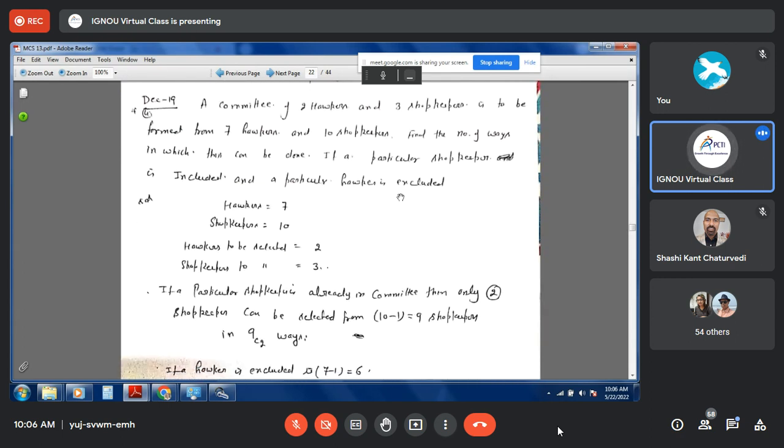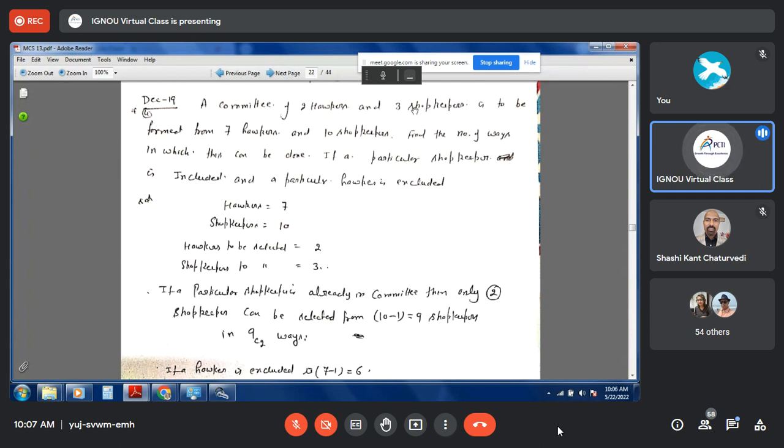Same numerical, but we have changed the conditions. A committee of 2 hawkers and 3 shopkeepers. In place of men and women, we have included hawkers and shopkeepers.